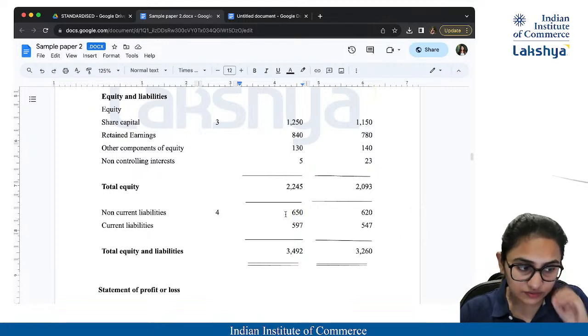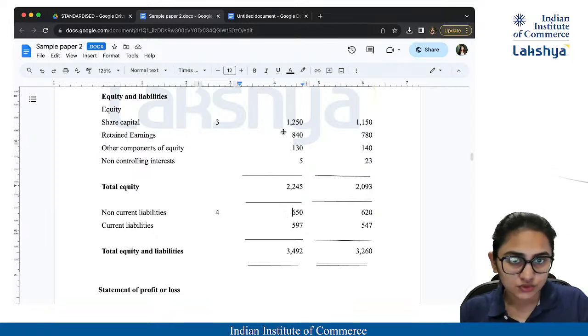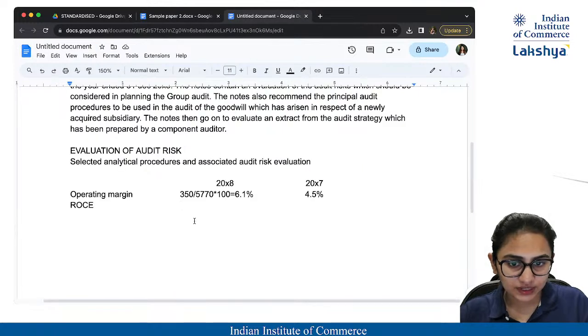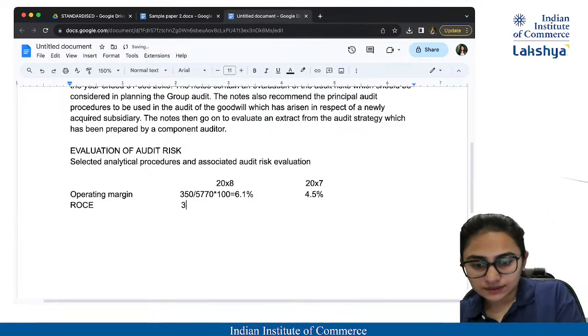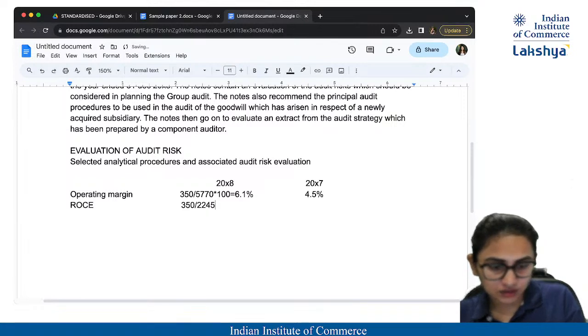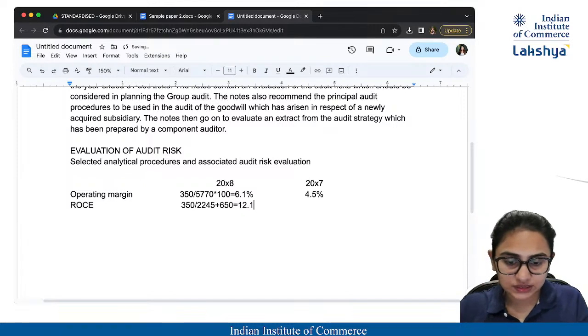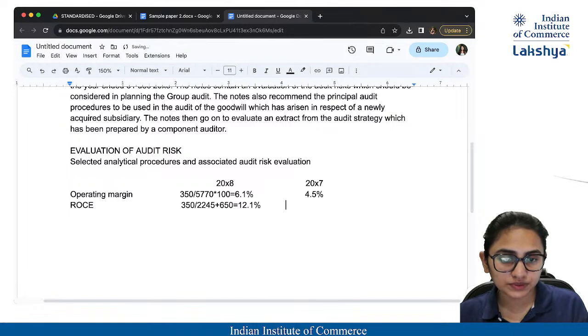So 350 divided by 2245 plus 650. That is the total capital employed. So that is going to give you 12.1%, and similarly if you calculate for the previous year, it is going to give you 10%.